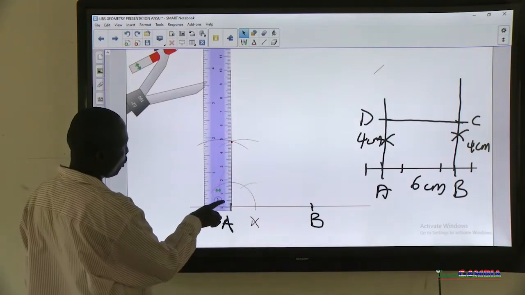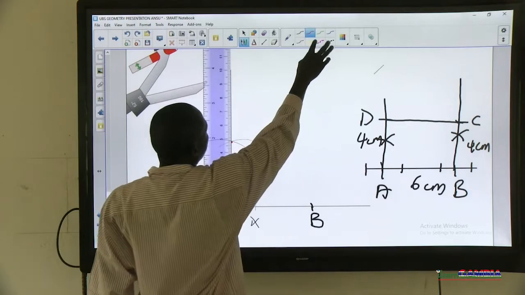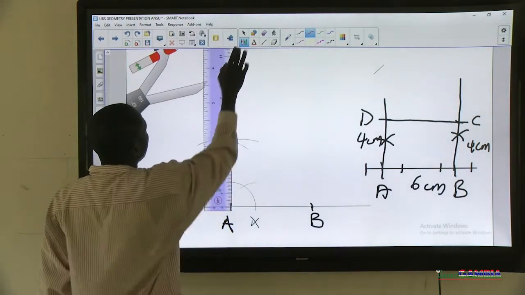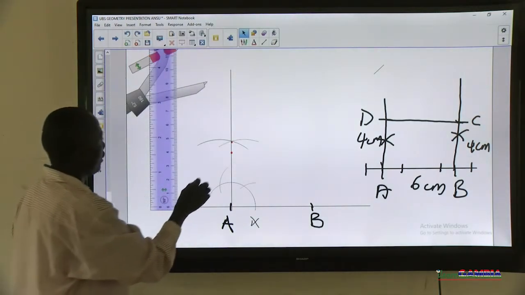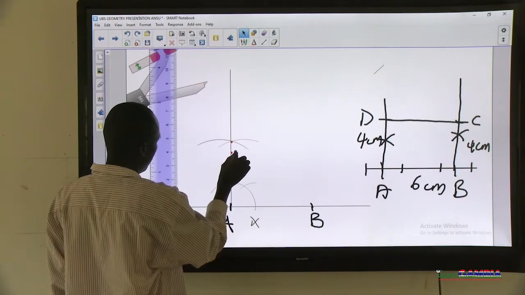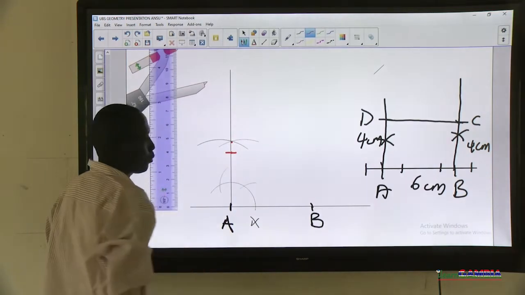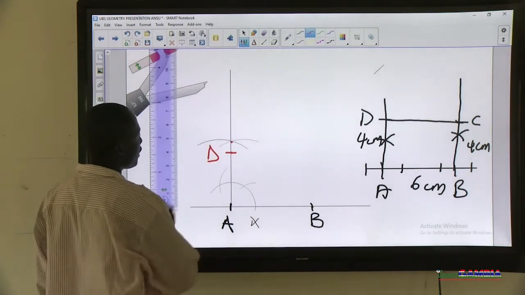You can see 0, 1, 2, 3, 4. So we mark a point 4 centimeters there. That point is 4 centimeters, and we will call this point as point D.